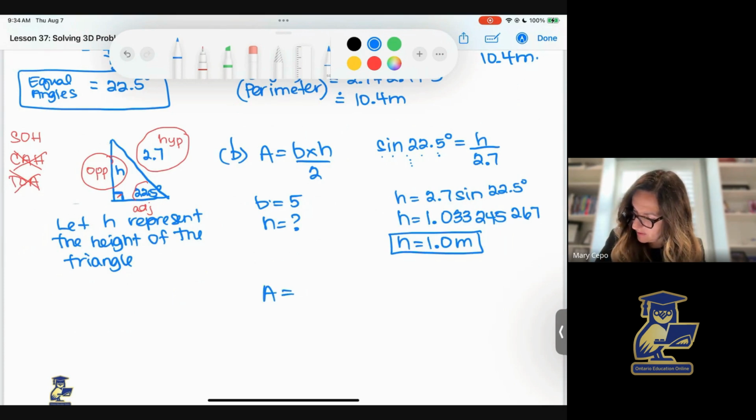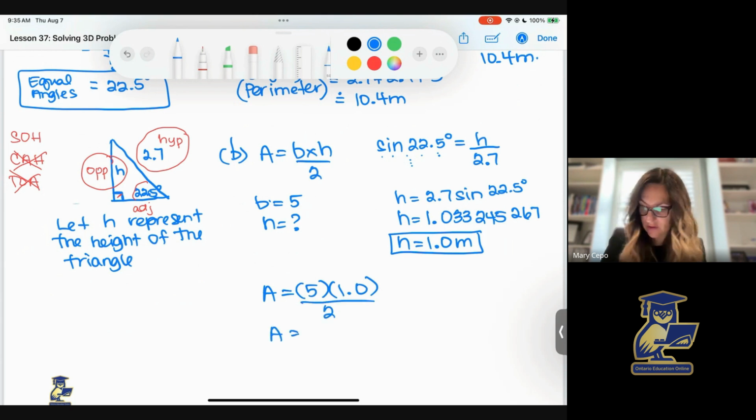Area is equal to base, which is 5, times my height, which is 1.0, and we're going to divide that by 2. So the area is equal to 5 times 1, divided by 2, which is 2.5. And the units are meters squared.